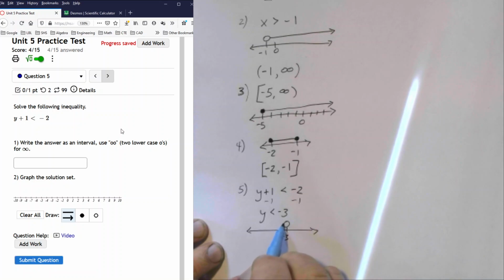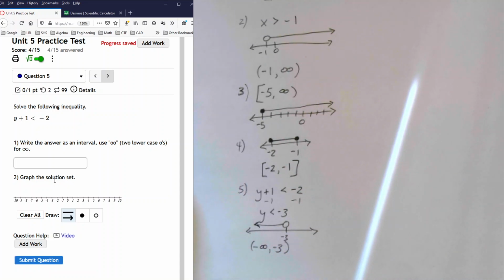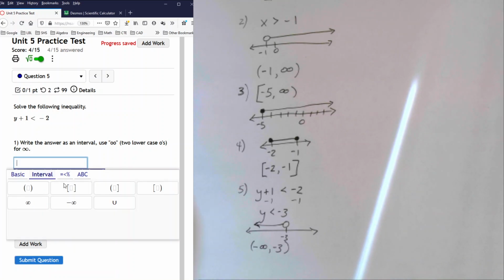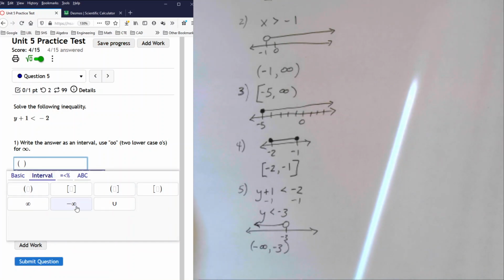I'm going to have an open circle that's going to go this way. So the smallest x could be would be -infinity on the left-hand side, and the biggest x could be would be -3. It can't be equal to -3, so we use a round bracket. So for interval, we've got 2 round brackets. We've got -infinity to -3.